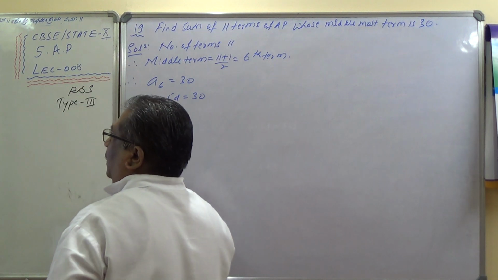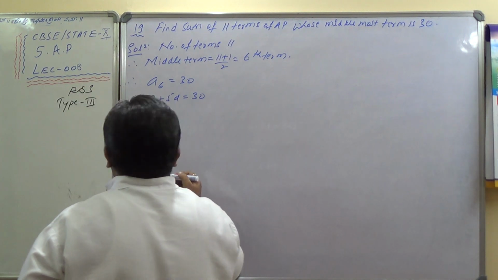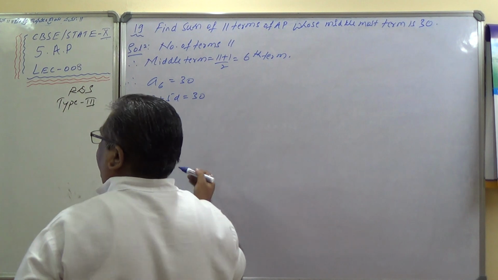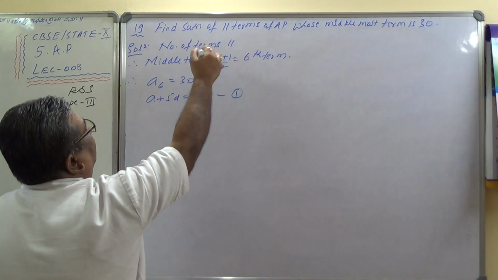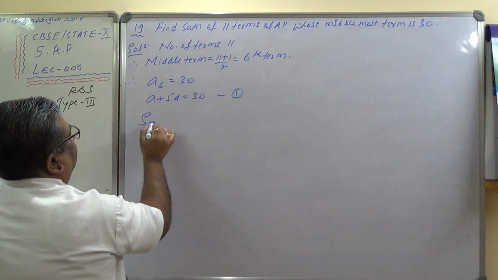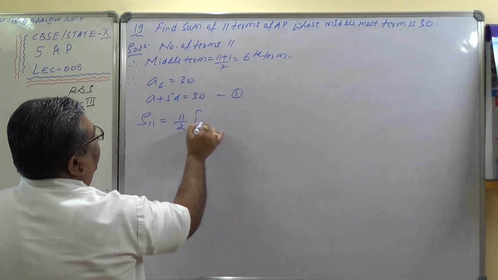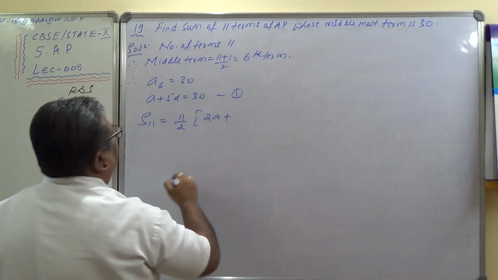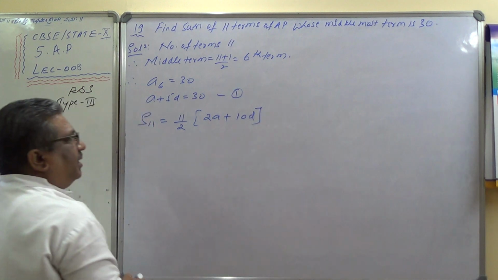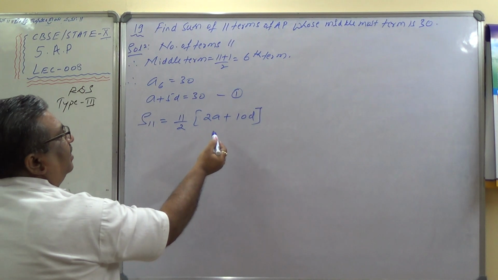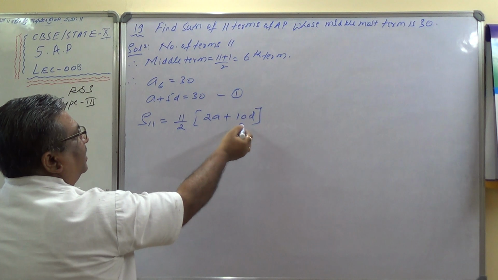This is what is given, whose middlemost term is 30. What else is given? Nothing else. Okay, so A plus 5D is given to you. Mark it 1. The question asked is the sum of the first 11 terms. S11 equals 11 by 2 into bracket 2A plus 10D. Is it right? Now very interestingly here, in this 2A plus 10D, what is common?